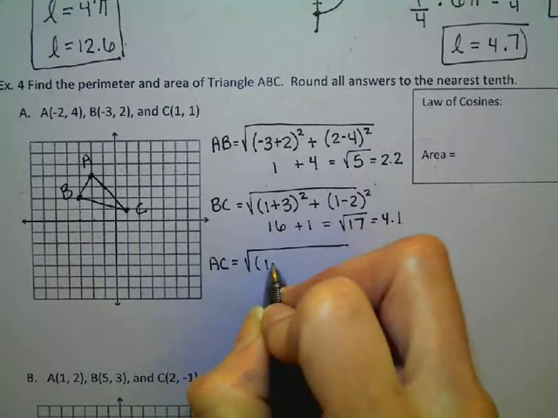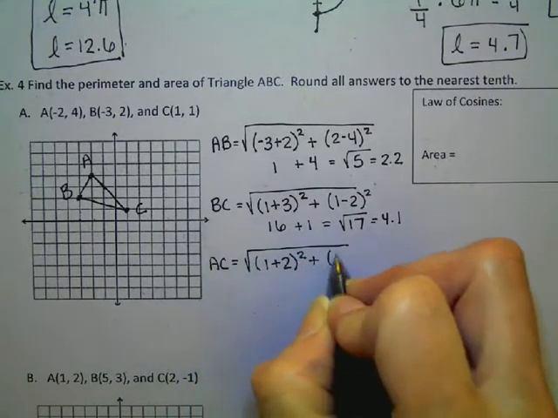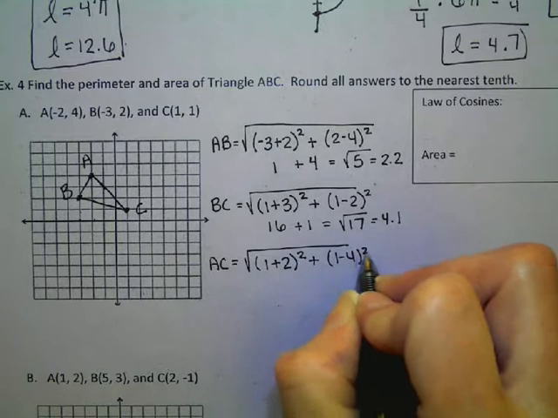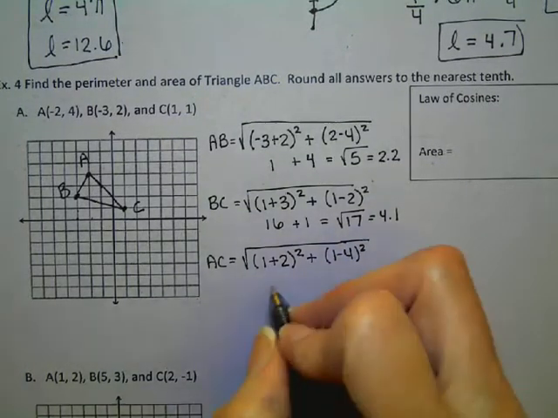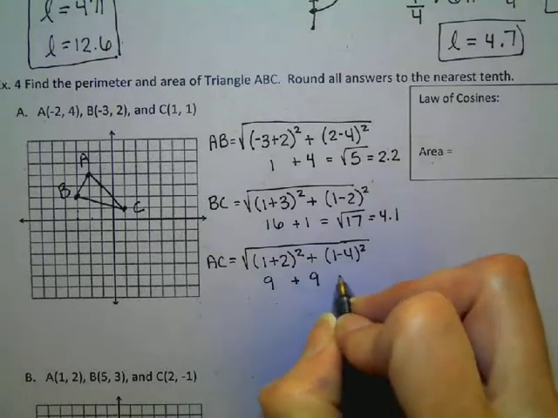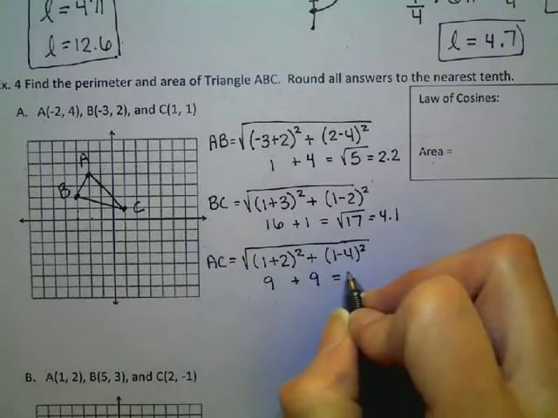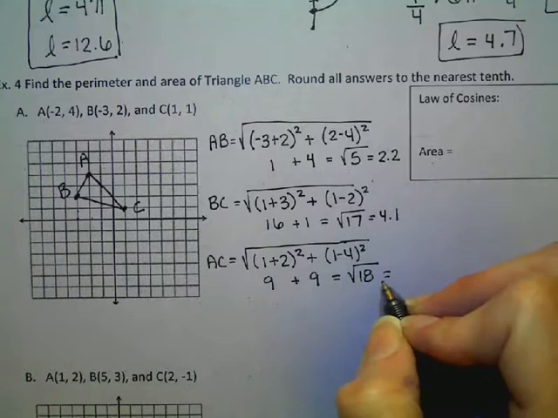AB, BC, so now AC. 1 minus a negative 2 is plus 2, and 1 minus 4. So that gives me 3 squared is 9. Negative 3 squared is 9.